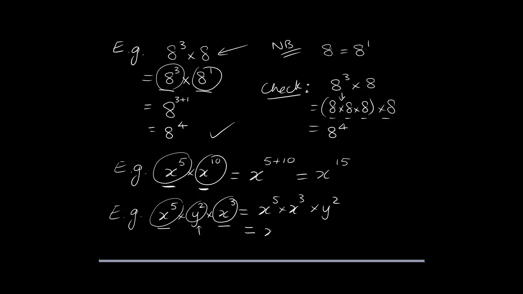So this will become x to the power of 5 plus 3, which is 8, times y squared. So my answer here will literally just remain as x to the power of 8 y squared, because I cannot apply index law 1 in this situation because my bases are different.